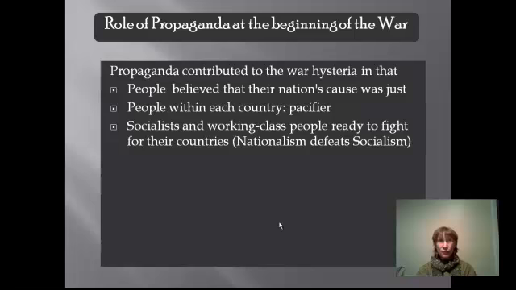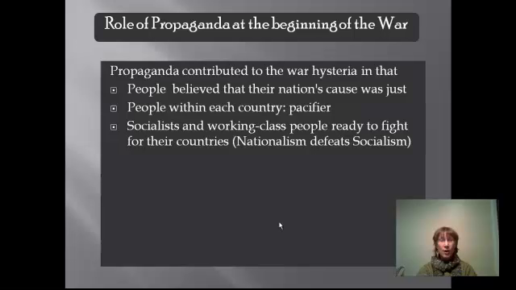In the case of World War I, right before, at the end of the 19th century, there were many ideologies, and some of the ideologies were fighting with each other. Socialism was very strong, liberalism was very strong, nationalism was very strong.